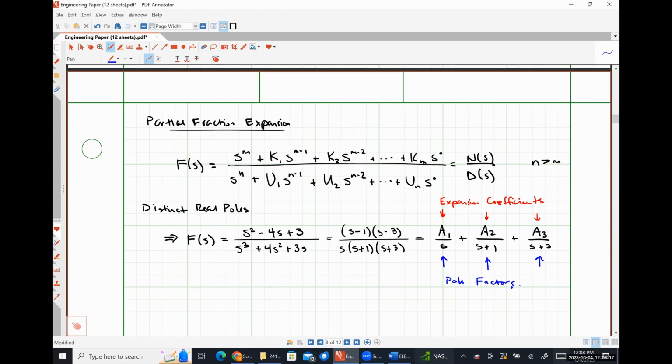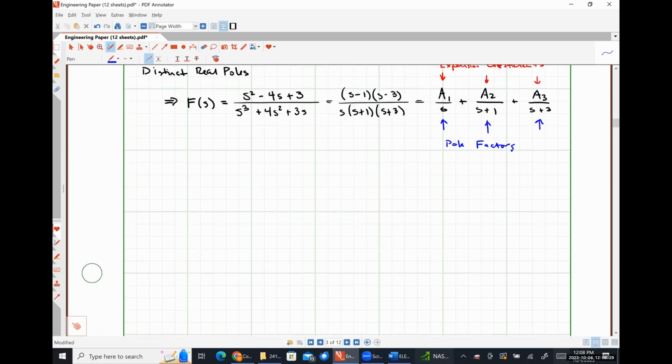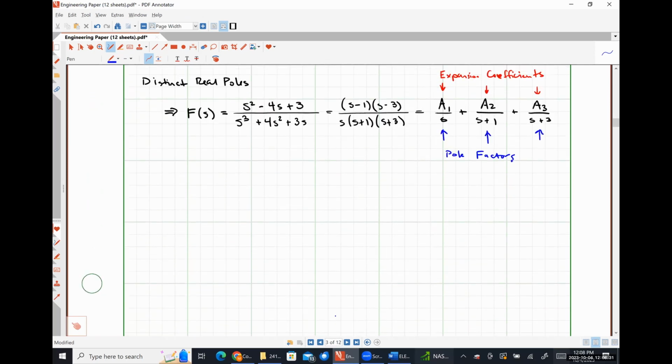So how we are going to determine the values of these expansion coefficients is by employing what's called the residue method, okay? So in the residue method, all we do is we multiply our function f of s by a pole factor and then evaluate it at the s value of the pole, okay?